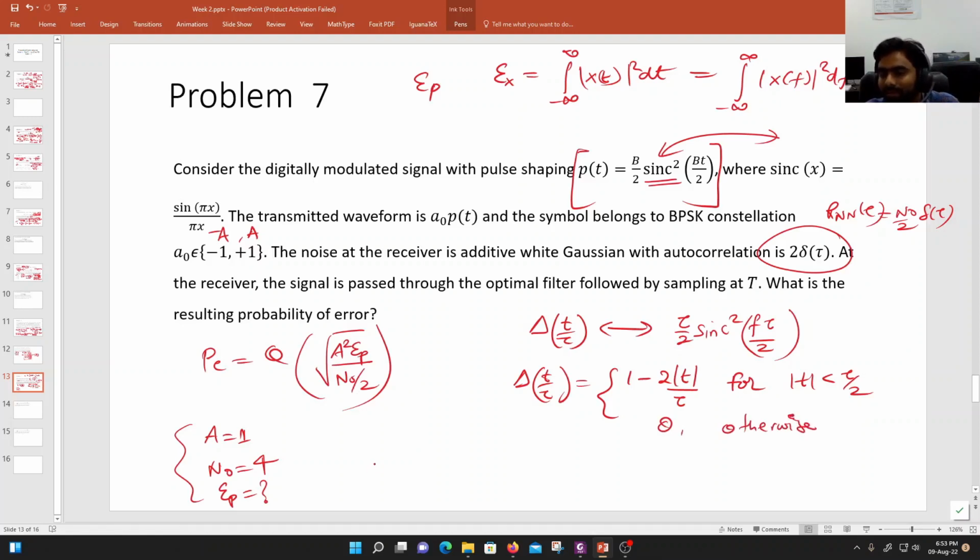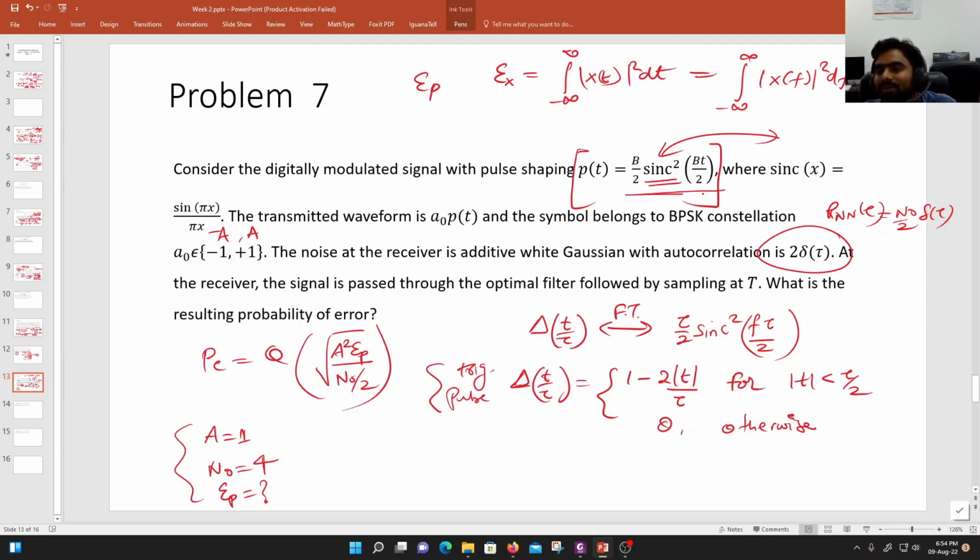Clear? So this is the triangular pulse, and the Fourier transform of this is tau by 2 sinc square (f tau by 2). Okay, but this is given in the time domain.